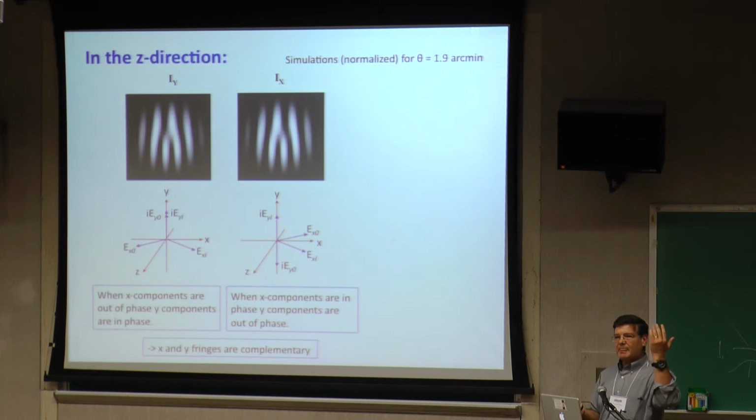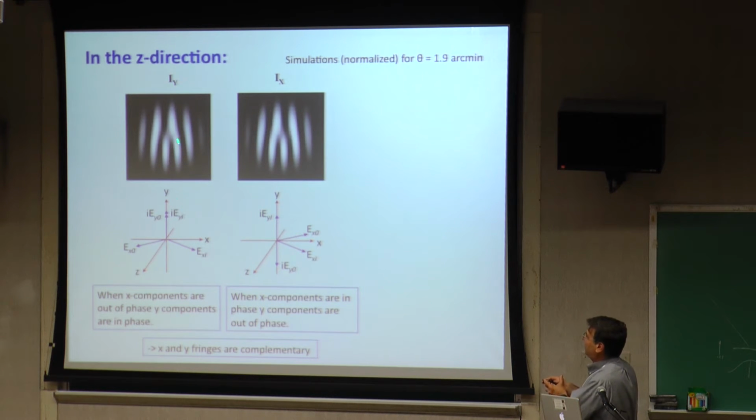So if we put a polarizer, vertical and horizontal, we'll see fringes, but then the fringes in the x direction are complementary to the fringes in the y direction.